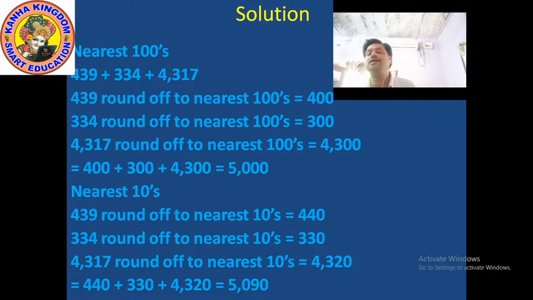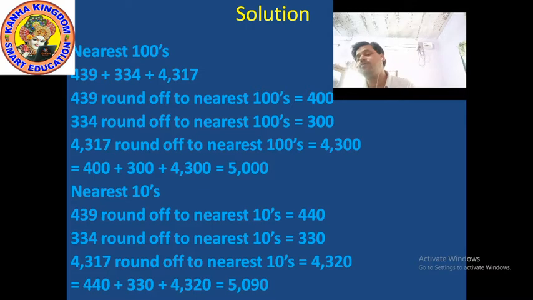So when you converted 4317 to the nearest 10, it becomes 4320. Now you have the nearest 10 of all three numbers: 440 plus 330 plus 4320. When we add all three numbers, first 440 plus 330 becomes 770.